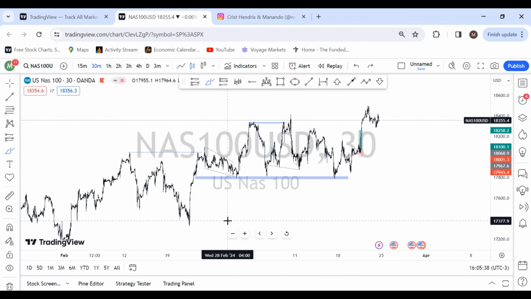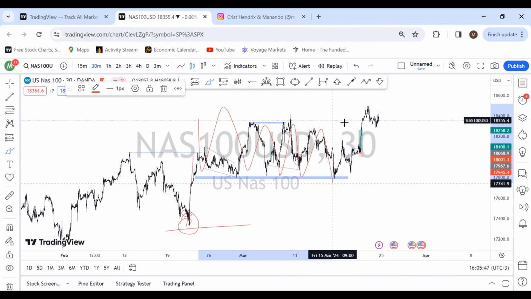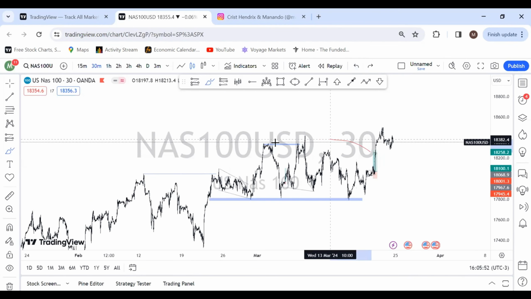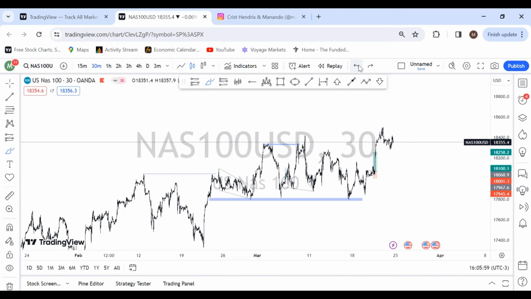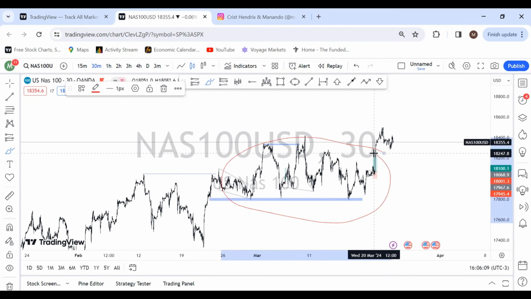So here from this low, we had the market having an impulse to the upside and it just started going sideways. Some people might be discouraged by this huge movement where the price was just going sideways without a direction. But the thing is, you can actually trade within this range.